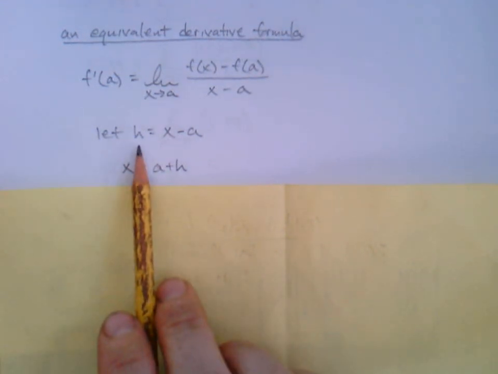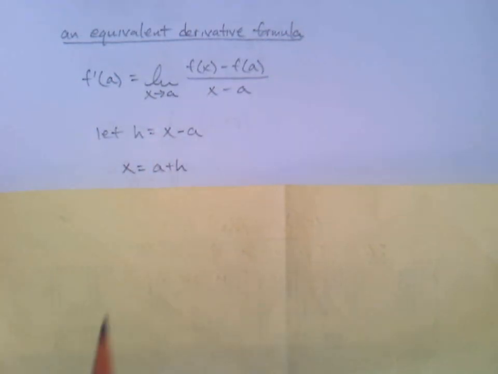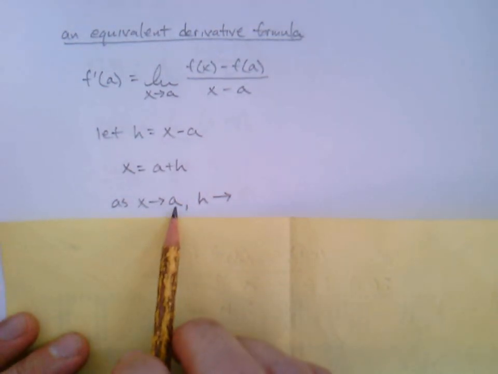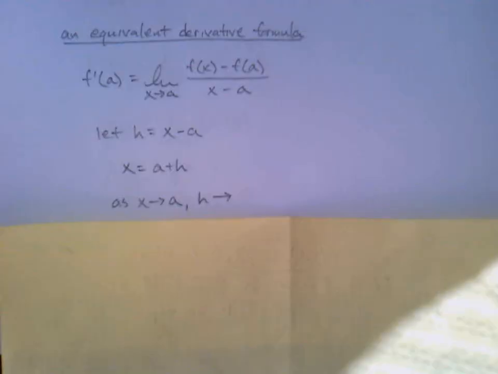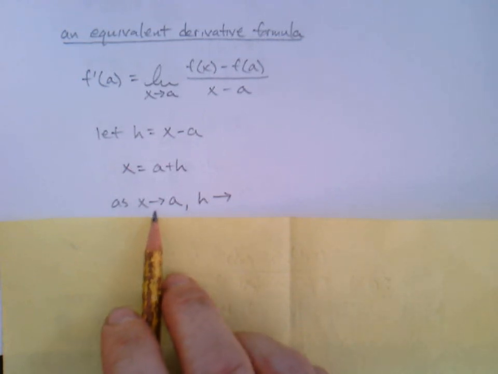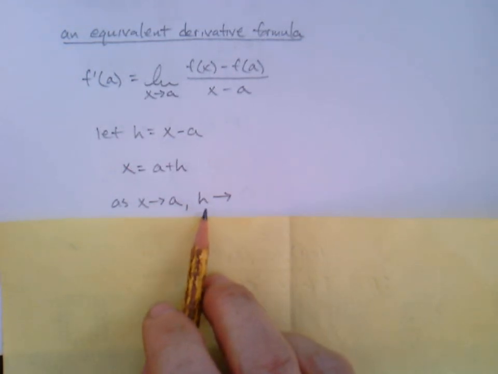So still think about this formula here. h equals x minus a. As x approaches a, what does h approach? As x gets closer and closer to a, what is h getting closer to?